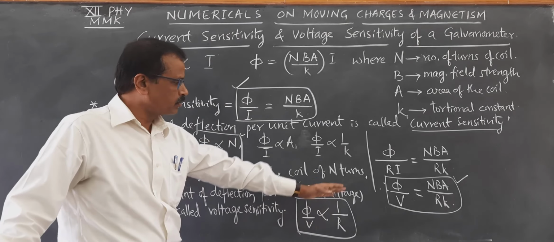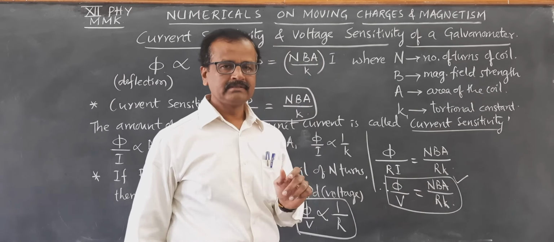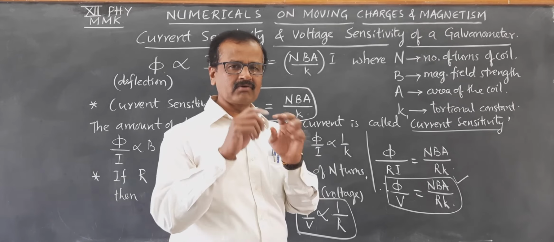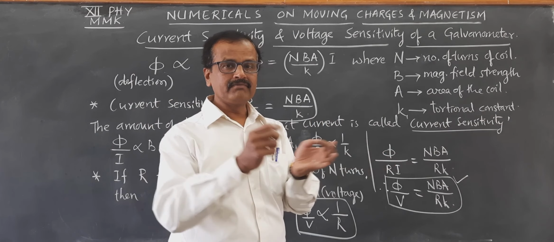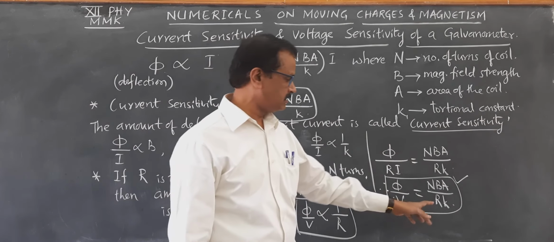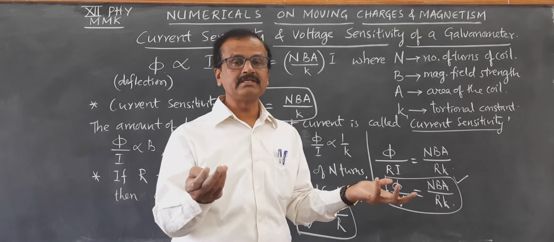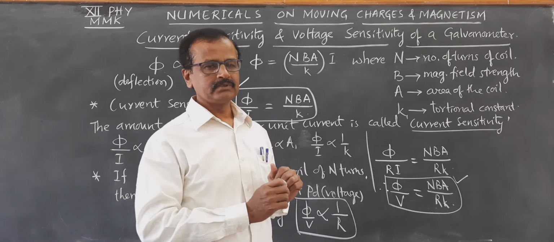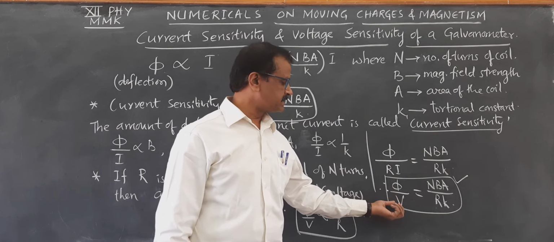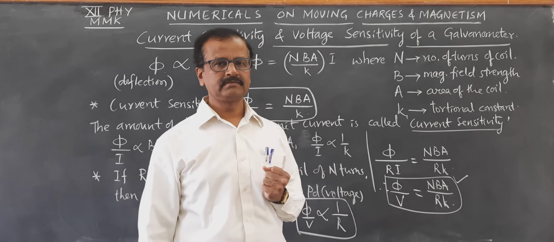But what happens to voltage sensitivity? If N is doubled, then the effective length of the wire will be doubled. If the effective length of the wire is doubled, resistance is also doubled. So voltage sensitivity is unaffected. This is very important. So voltage sensitivity has nothing to do with the number of turns.